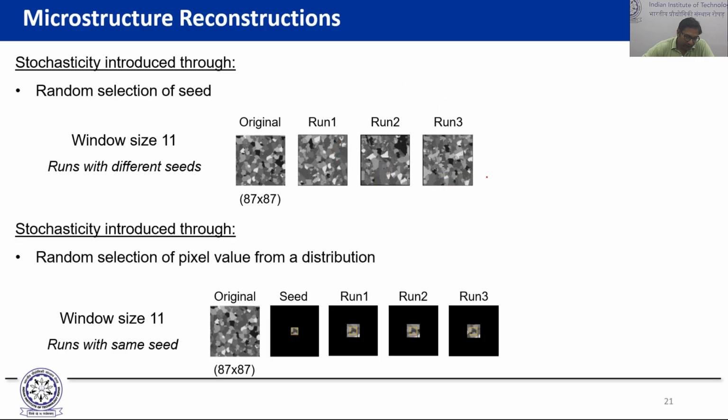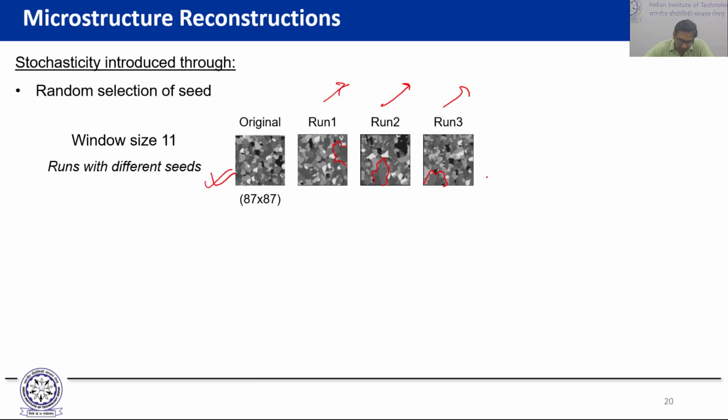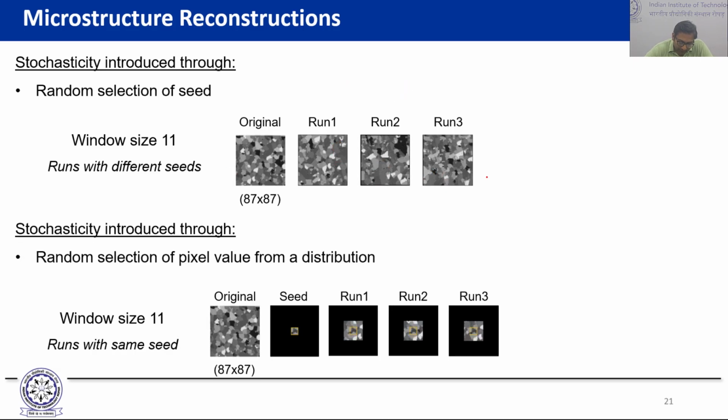The second way you can create stochasticity is by taking a random selection of pixel value from the distribution, but then you use the same seed. If you look at how the image is getting created, you will see that the image is moving in a similar manner, but the pixel value that we started with is a little bit different in all of these runs.